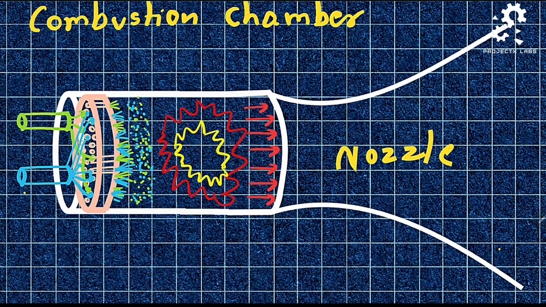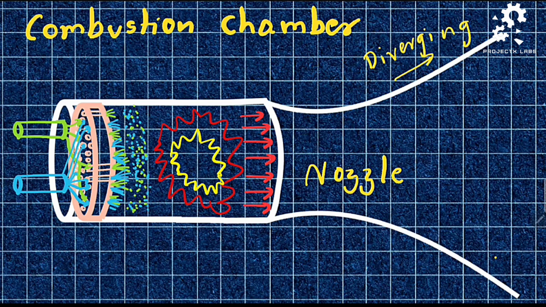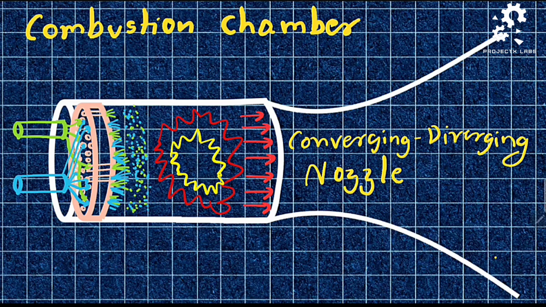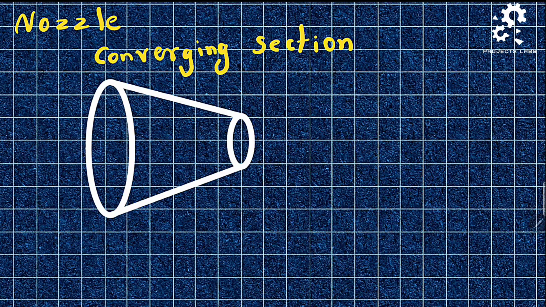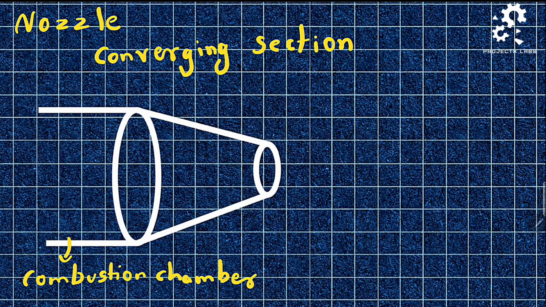The combustion chamber is connected to the nozzle. The nozzle has converging and diverging sections, hence called a converging diverging nozzle, or in short, the CD nozzle. The converging section is directly connected to the combustion chamber, which holds high pressure gas at subsonic speed.